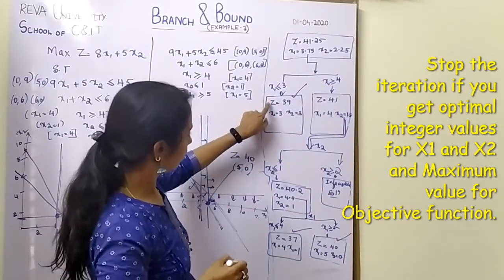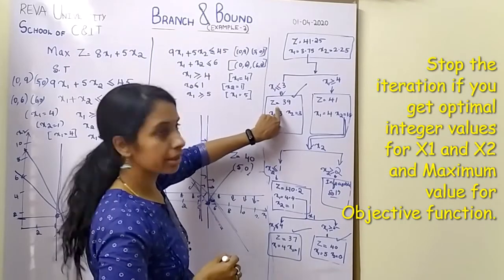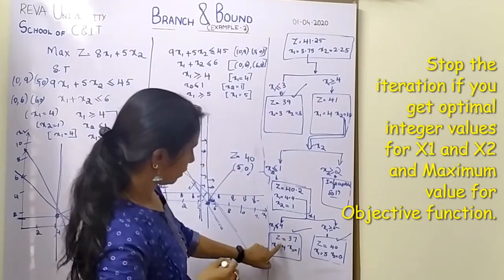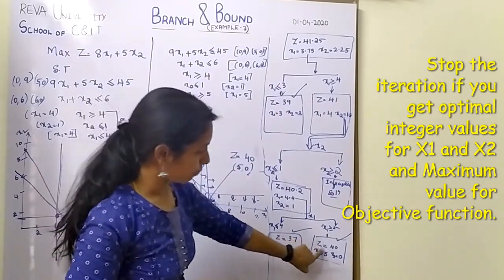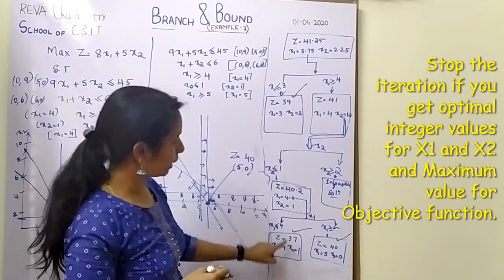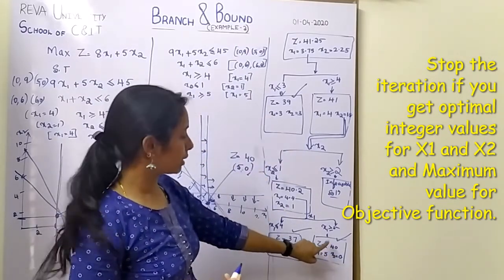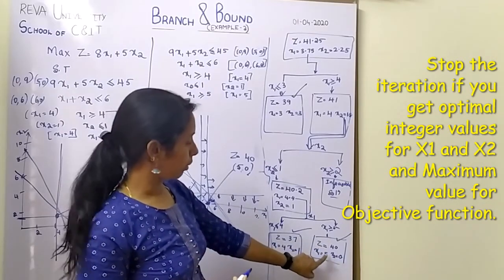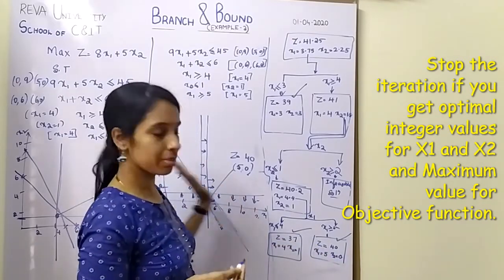So consider now all the cases. See, z value is 39, z value is 37, z value is 40, and these three are integers. So which gives us the maximum, the optimal solution within the feasible region?